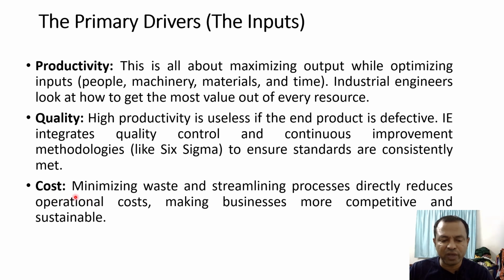So cost should be minimized by optimizing waste and streamlining the production processes, like operation cost reduction, making the business more competitive and more sustainable. So these are the primary drivers of industrial engineering: productivity, quality, and cost.